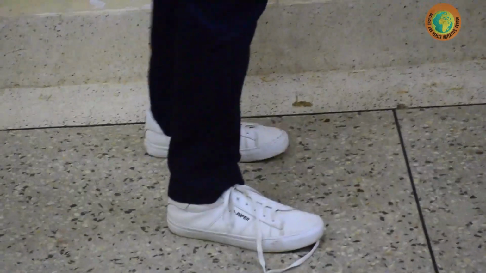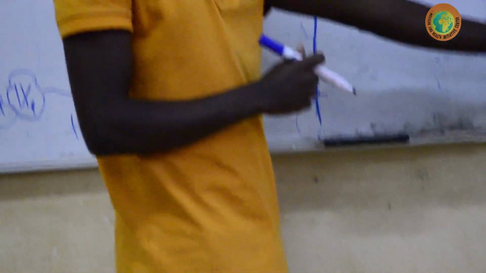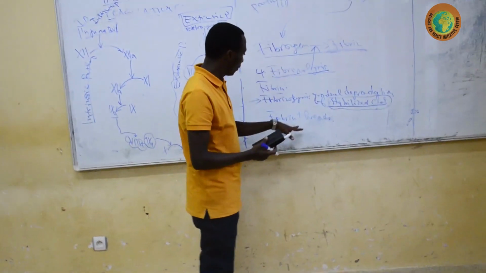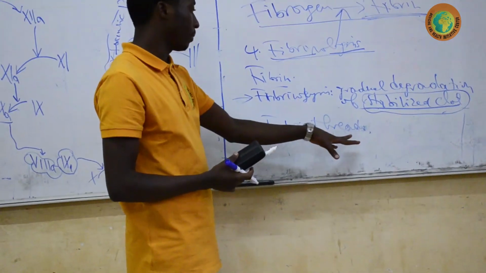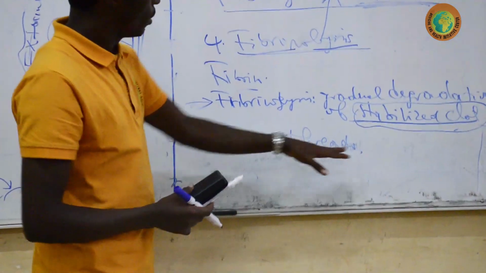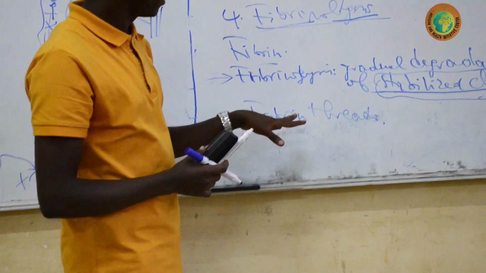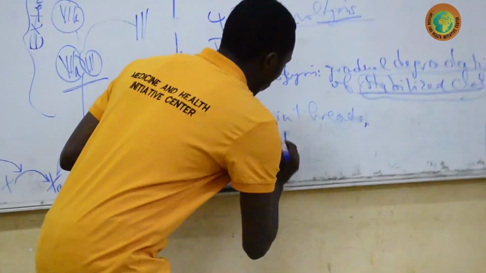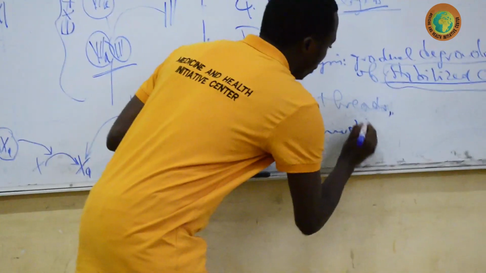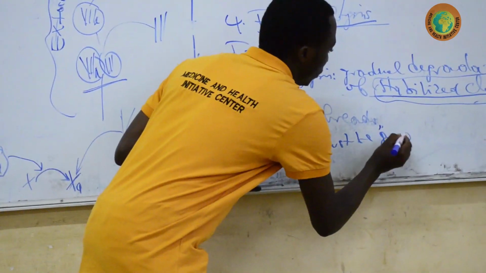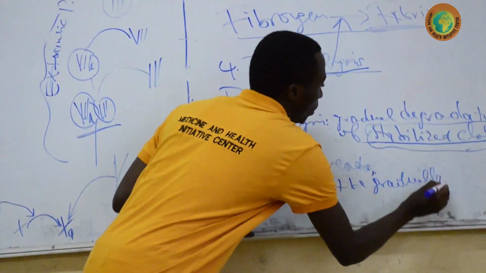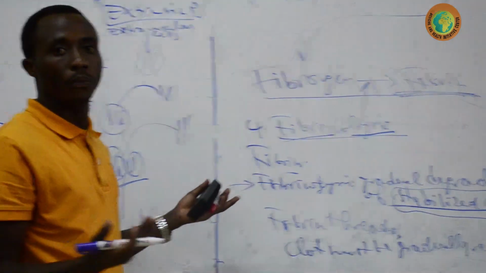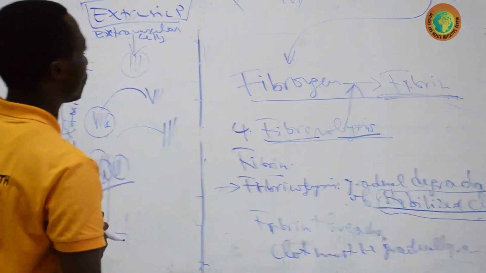And after this has happened, for the body to restore normal blood flow, the clot must be gradually removed as, of course, the blood vessel heals.